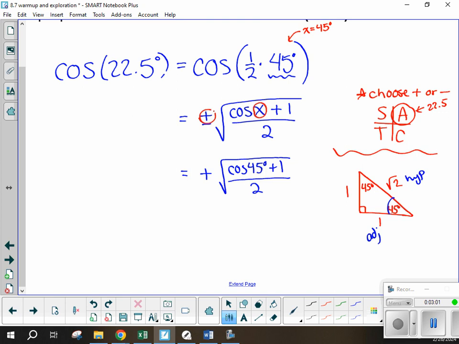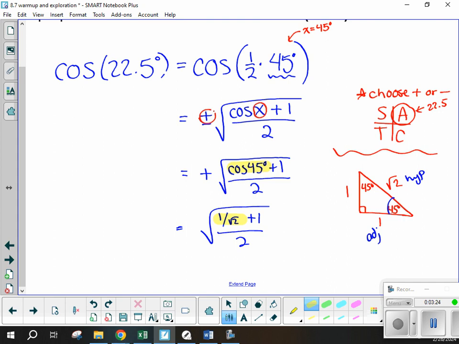You could rationalize it, or if you know this still from the unit circle, you might have had root 2 over 2. For now, I think it's fine if we just leave this as 1 over the square root of 2, and then the rest of the formula stays the same. So what we just did, the substituting that just occurred here, cosine of 45 came out, its ratio, the SOHCAHTOA ratio, went in its place.